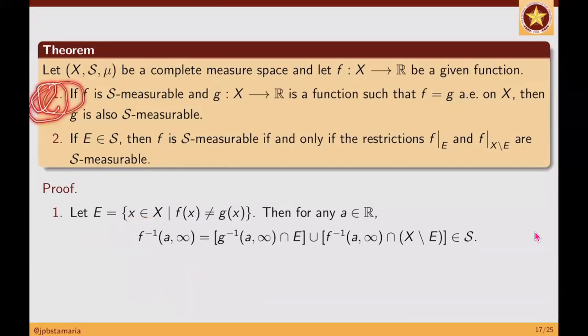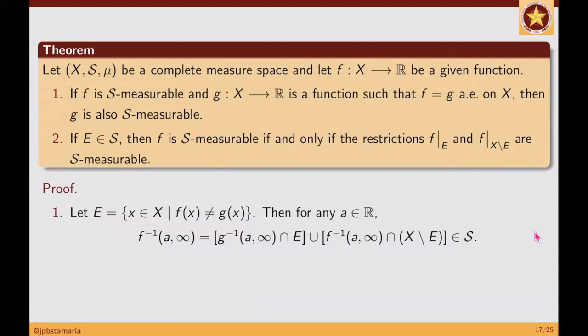For number 1, we will define the set E to be the set of those points where F and G do not agree. Sa katotohanan yan, pwedeng empty yan. Pag nag-empty si E, sabihin yung F equal lang kay G. Pero kung may laman yan si E, hindi sila equal. Of course. Di ba? Okay.